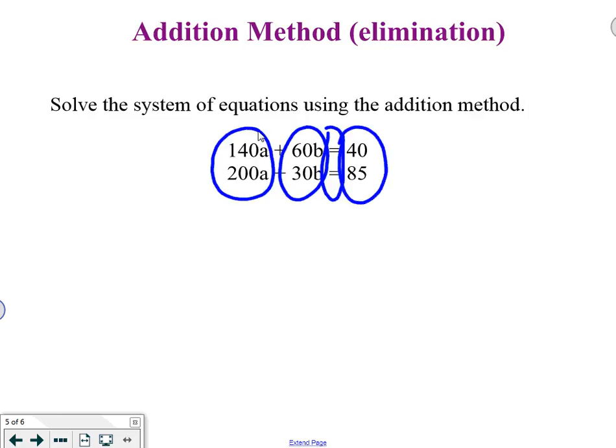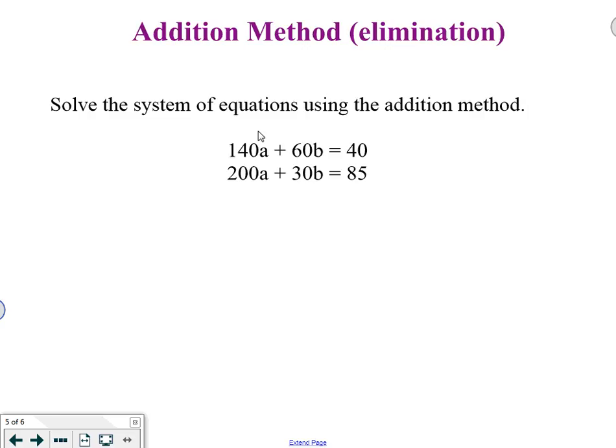Now, of course, your variables might not be A and B. They might be X and Y. They might be M and N. Whatever it is, it doesn't matter. Line them up so that they correspond to one another. The reason you need to do this is because we are going to multiply one or both equations by some number or numbers to eliminate one of the variables.